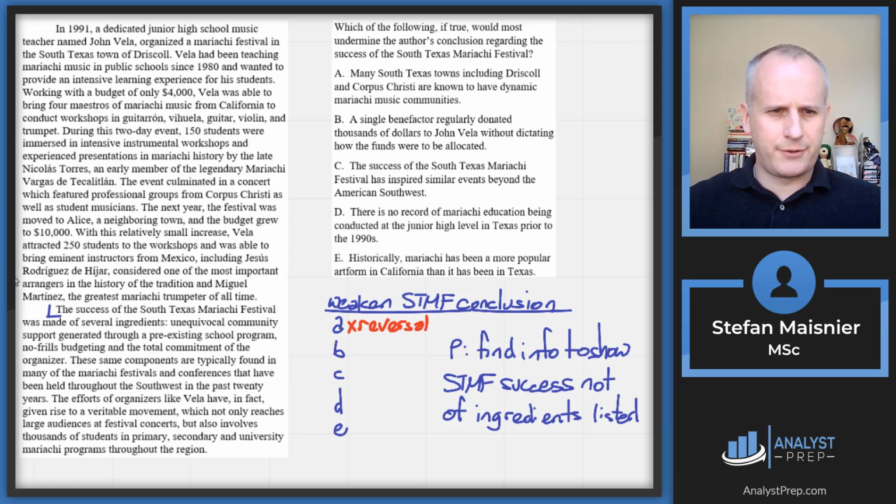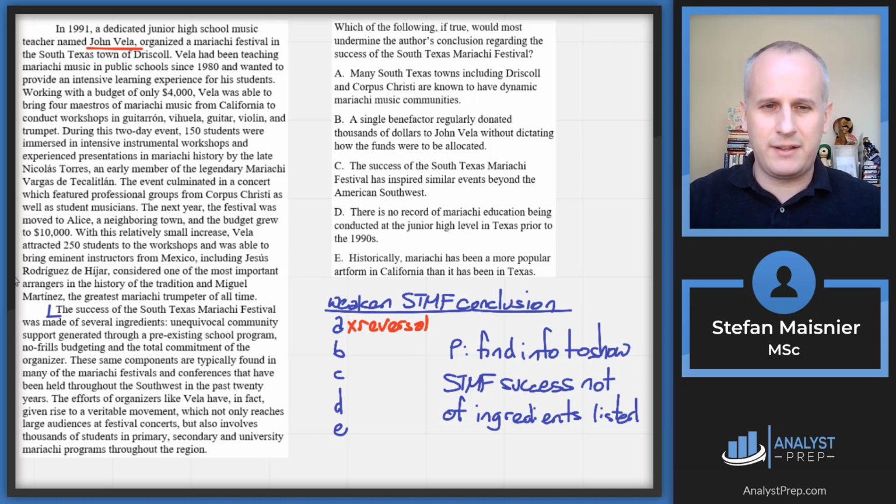Then, for choice B, we've got a single benefactor regularly donated thousands of dollars to John Vela without dictating how the funds were to be allocated. Okay, so again, you have to make sure that this person's name isn't somewhere else in the passage, because that's how the exam generates difficulty. And we discover that the dedicated junior high school music teacher mentioned throughout the passage is John Vela.